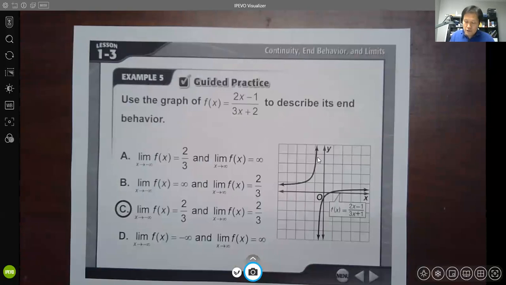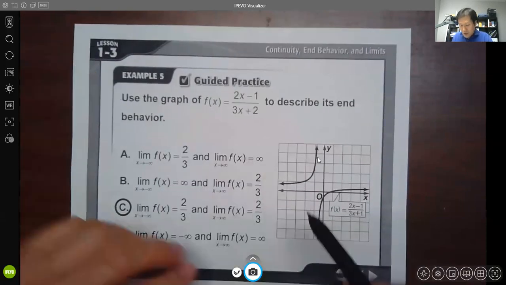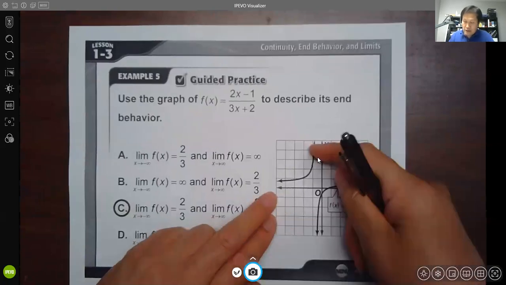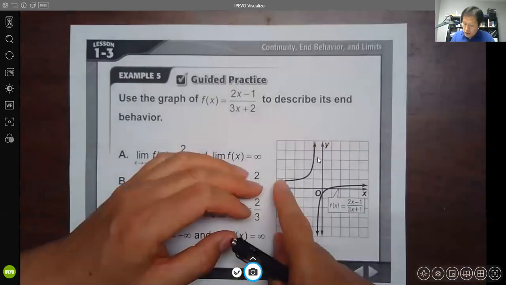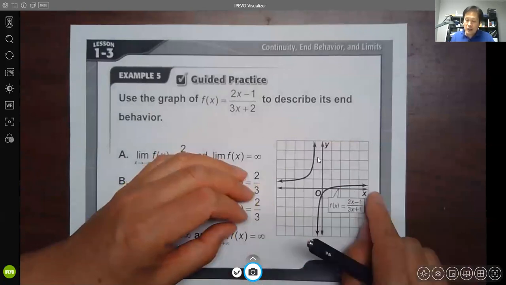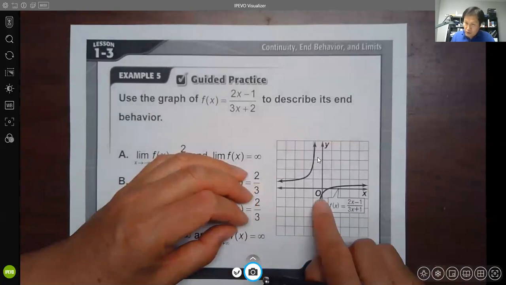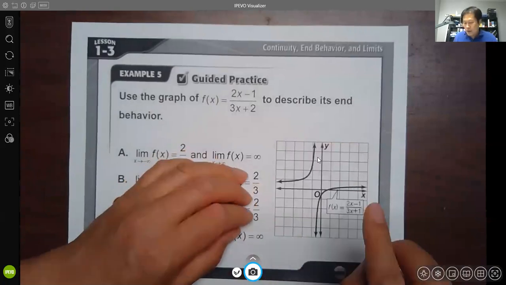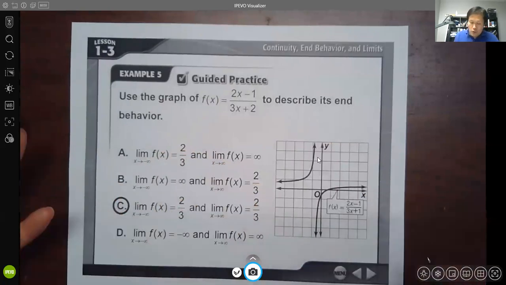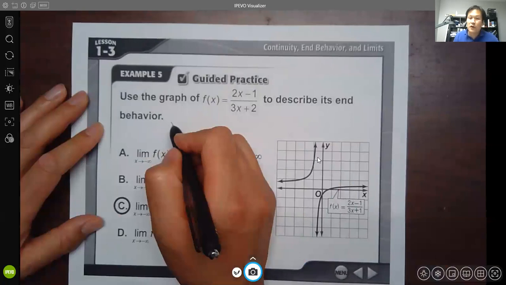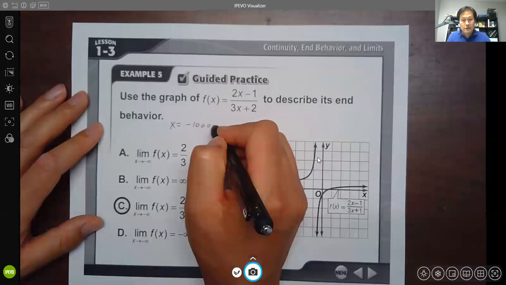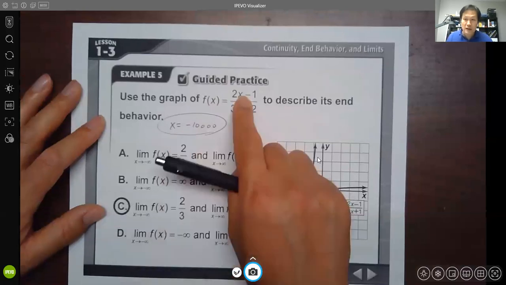Okay, use the graph to describe end behavior. Again, graph it. Don't make the mistake of saying, as you go to the left, it keeps going down to minus infinity, and as you go to the right, it keeps going up to positive infinity. Don't make that mistake. It's kind of increasing, but gradually, so you have to think maybe there's a horizontal asymptote. How would you tell that? Well, one way is to plug in a very small x value, like minus 10,000.